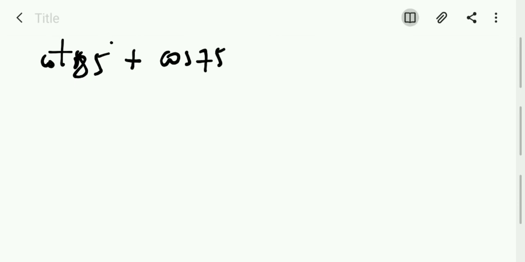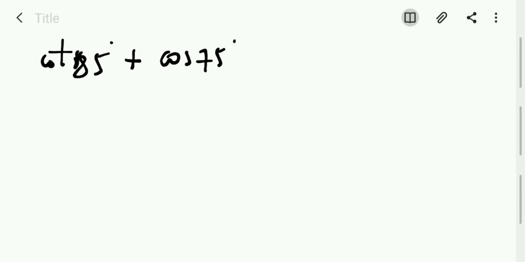Now the first sum which we'll be solving is a very basic sum. Suppose cot 85 degree plus cos 75 degree.